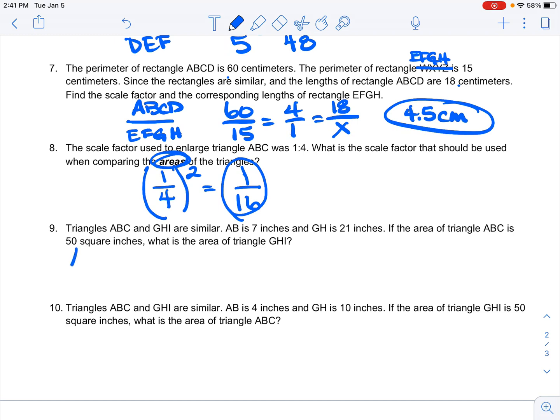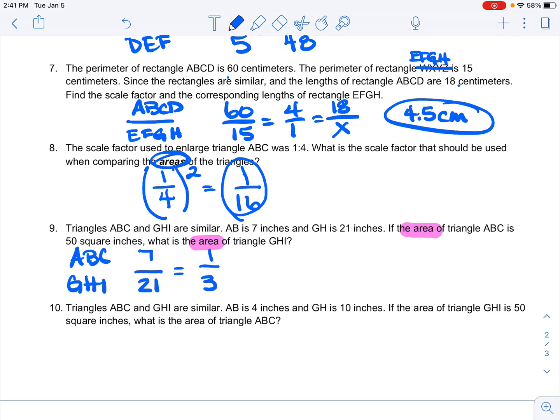Okay, so we have ABC and GHI. So these are sides. So we can simplify these. 7 over 21, we can simplify this to 1 over 3. But then all of a sudden I see this really big word of area. This is the scale factor for the sides or for the perimeter.